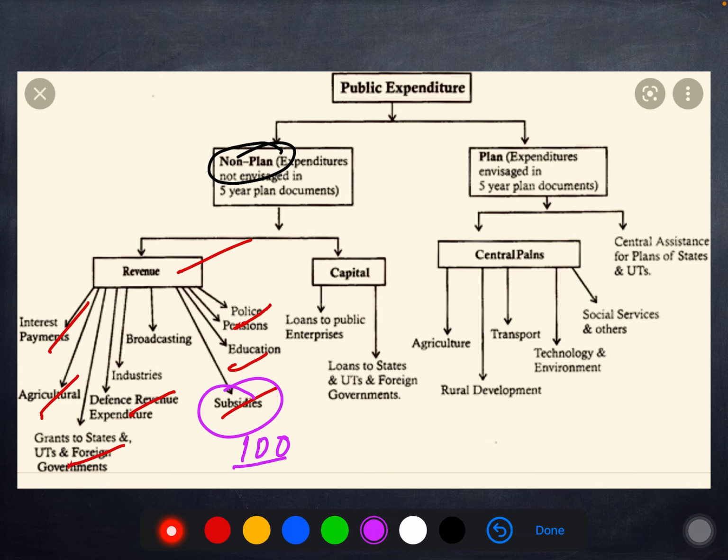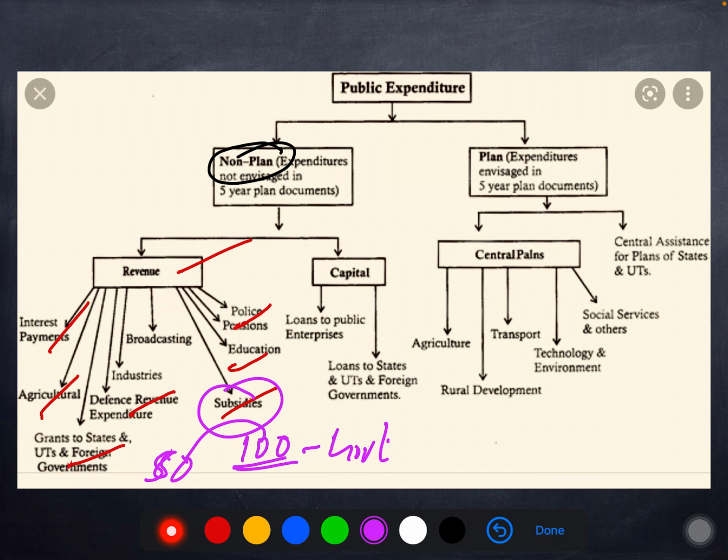So what the government will do is purchase this fertilizer for 100 rupees and give it to the farmer at 80 rupees or 50 rupees, at discounted prices. That's called subsidies.